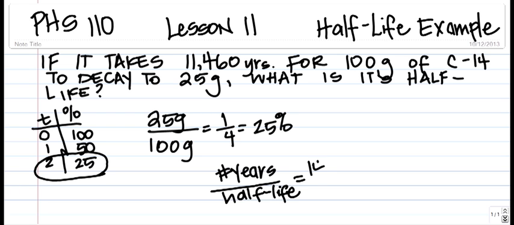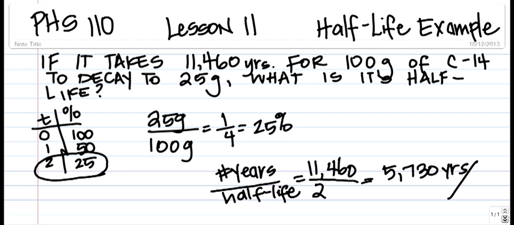So if I've got 11,460 years, and that was 2 half-lives, then that's going to tell me how many years for 1 half-life. So half of 11,460 is 5,730 years for a carbon-14 half-life.